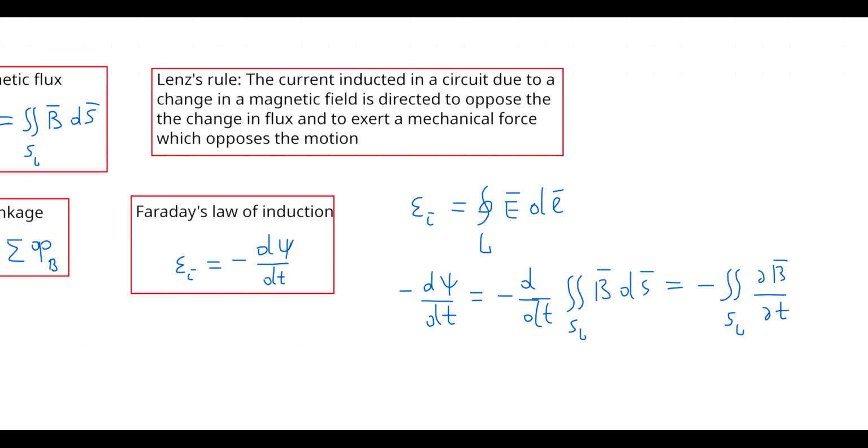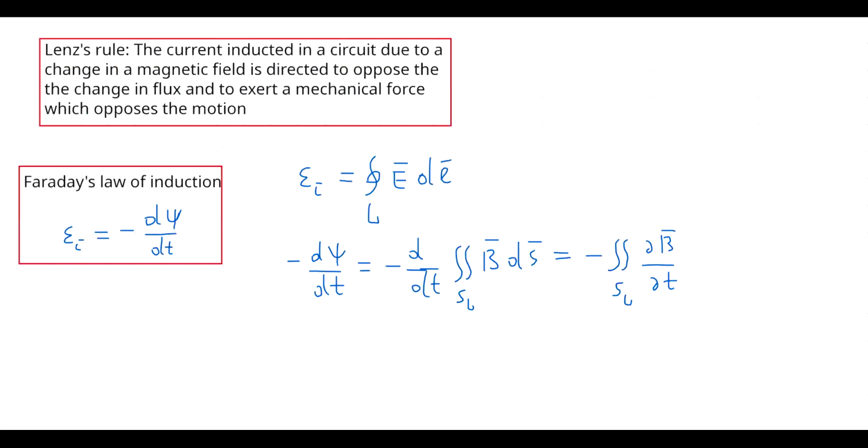I have changed the derivative into a partial derivative because the magnetic field changes only with time, but not with coordinates. And dS. So what do we have from these equations?